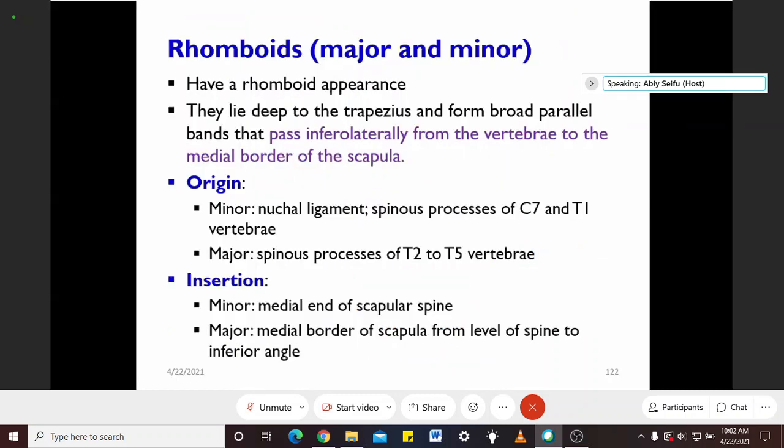The other muscles are the rhomboids, minor and major. As the name tells, they are rhomboid in appearance, still linked to the trapezius, and they run from the vertebral column to the medial border of the scapula, serving to retract the scapula.